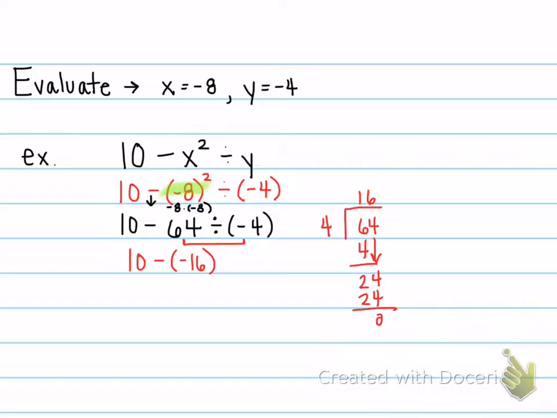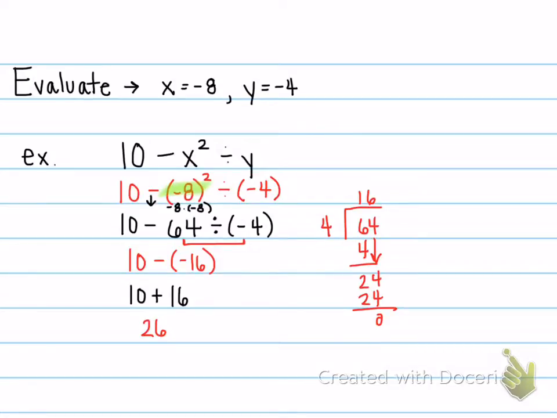In a subtraction problem, I change my minus to plus, and I take the opposite of the number I'm subtracting, so negative 16 becomes positive 16, and it's just 10 plus 16, which is 26. So you can see there's just a lot more you need to think about when you're using the order of operations, when you have positives and negatives, and when you're evaluating expressions.